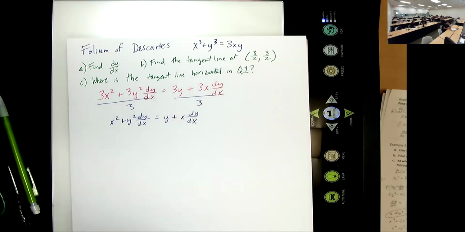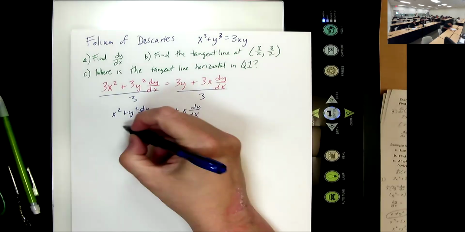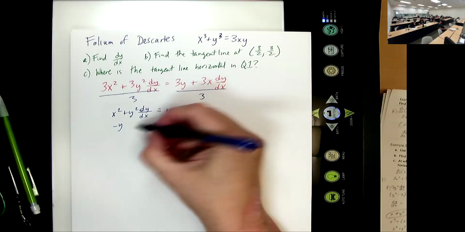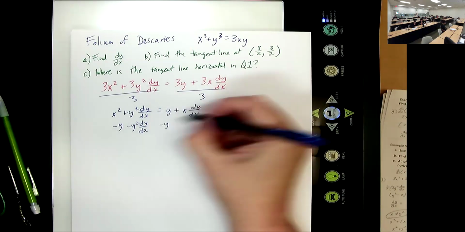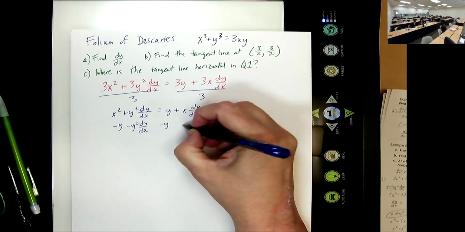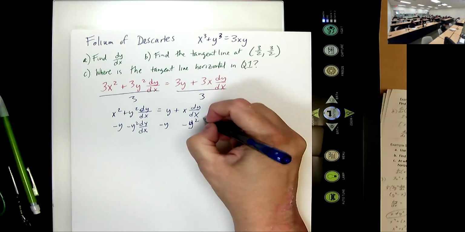Definitely what I would do. I'm going to get the dy/dx's on the right today. So let's subtract everything with the dy/dx over to the right, and move that y to the left using subtraction.